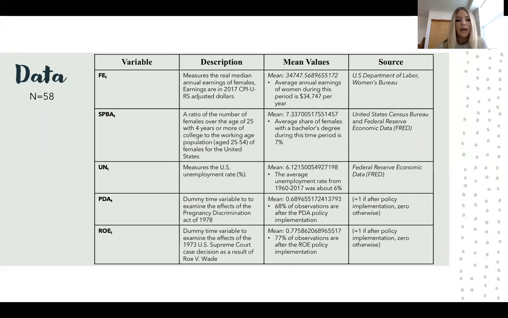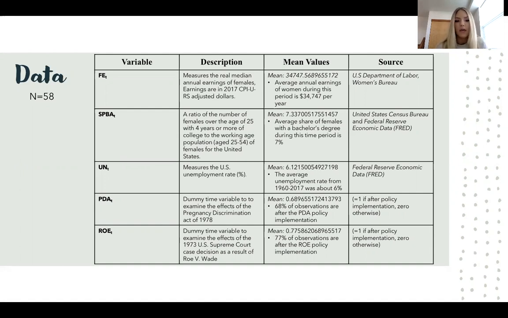We also have the PDA, dummy time variable to examine the effects of the Pregnancy Discrimination Act of 1978. The mean is 0.6896, which means 68% of observations are after the PDA policy implementation. And just as a side note, for this dummy time variable, it equals 1 if after the policy implementation and 0 otherwise.